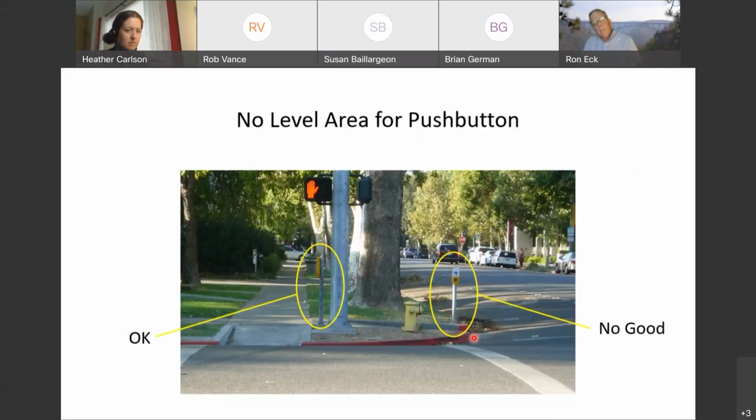PROWAG says where a sidewalk is adjacent to a street, or serves a street, is another way of saying it, the sidewalk can be the same gradient as the street, regardless of how steep it is. I'm here in West Virginia, we're not as mountainous as Colorado, but we have a lot of rolling hills, so we have some steep terrain.